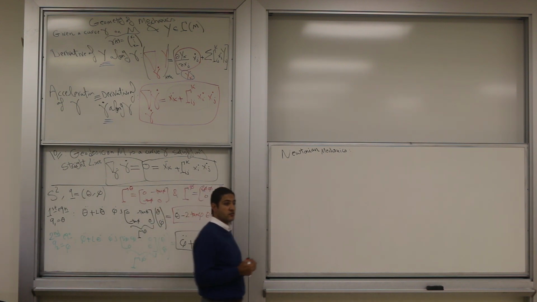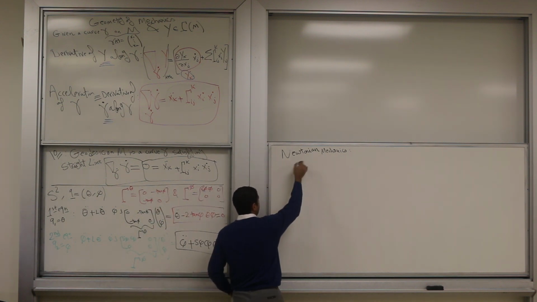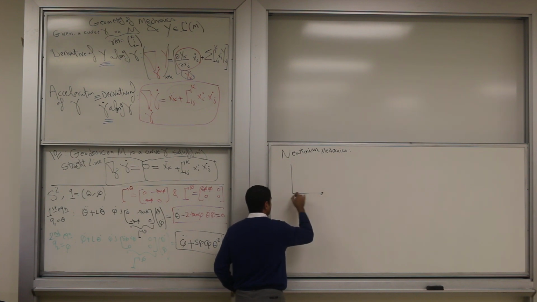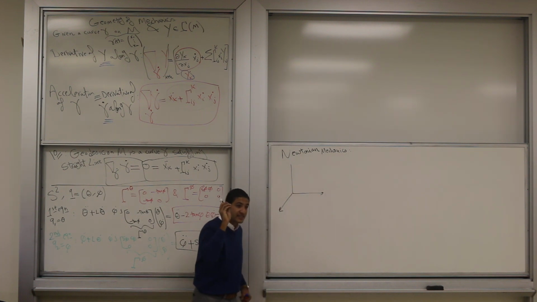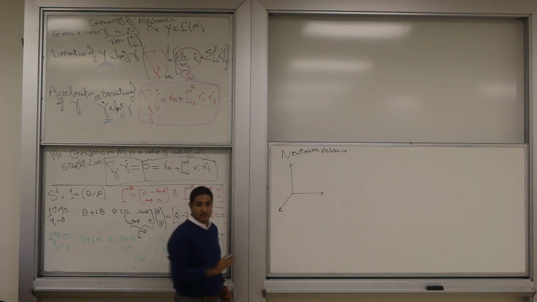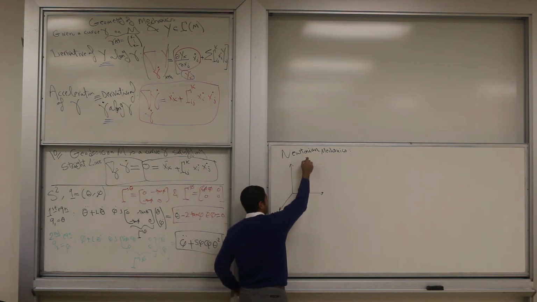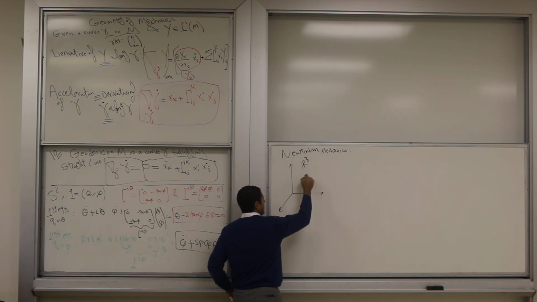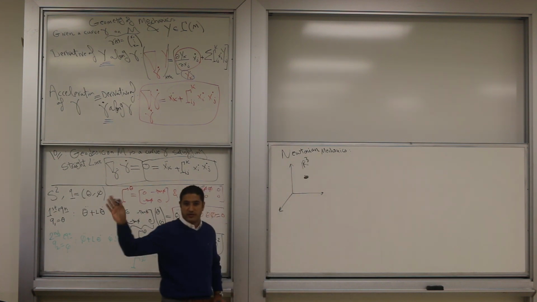Free particles under no external forces. So Newtonian mechanics, you all know that Newtonian mechanics is concerned with motion of particles in what? Equilibrium. In Euclidean space, in three-dimensional Euclidean space in particular. Here is R3, this is Newtonian mechanics. Particle moving in R3, no curvature, nothing, right?